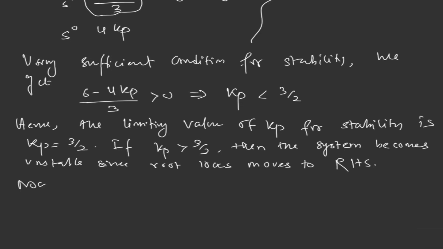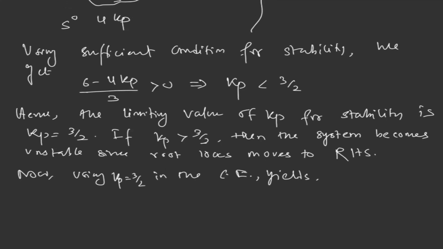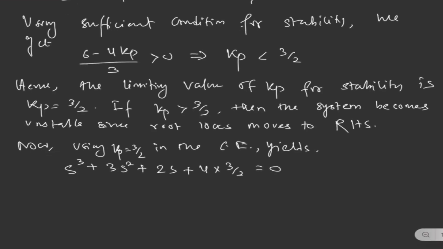Now using kp equal to 3 by 2 in the characteristic equation, we have s cube plus 3s squared plus 2s plus 4 into 3 by 2 equal to 0.